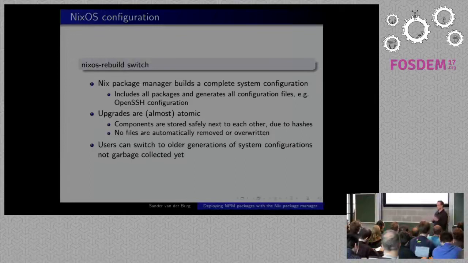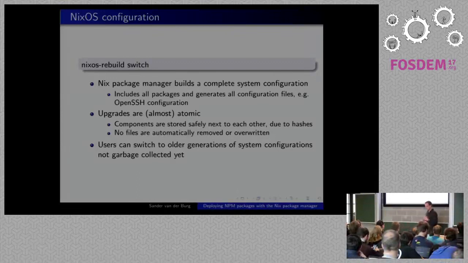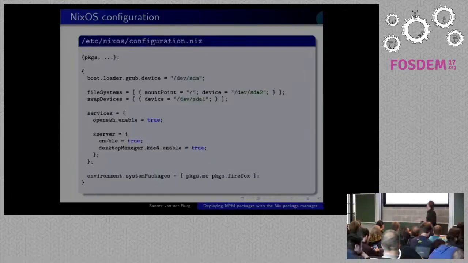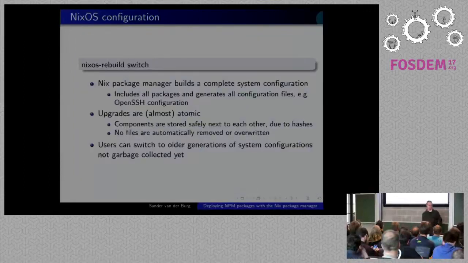It will obtain all the necessary dependencies and packages, and it will build everything from source code if required. It will also generate all configuration files. The end result is you have a running system with all your system services, your desktop, and everything else that you want. You can also change this specification to have different properties, and if you run nixos-rebuild switch again, then it will upgrade the system.